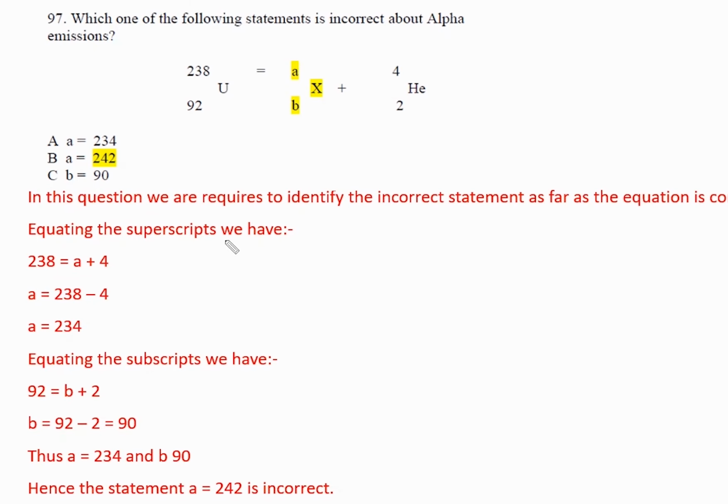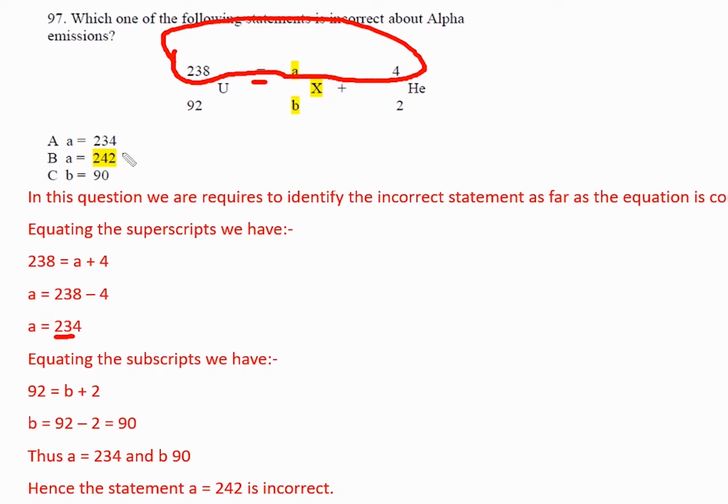Question 97, we're supposed to identify the incorrect statement as far as the question is concerned. The first thing we're going to do is to equate the superscripts. Superscripts are these numbers which are at the top. So the numbers at the top are 238, there's an equal sign here, is equal to A plus 4.